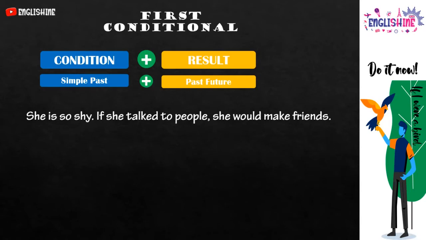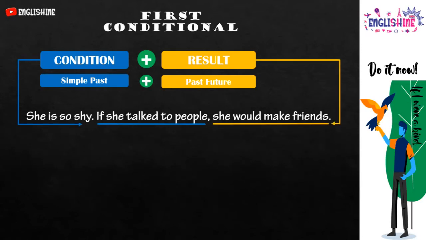If she talked to people, she would make friends. The condition is if she talked to people. The result is she would make friends. She is so shy is the important matter. It is impossible for her to make friends because of her shyness.